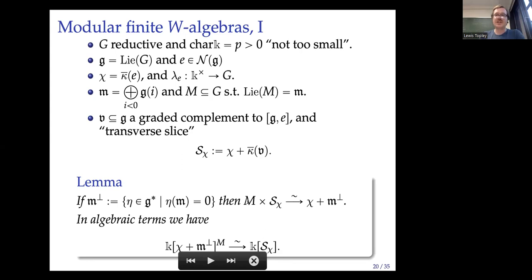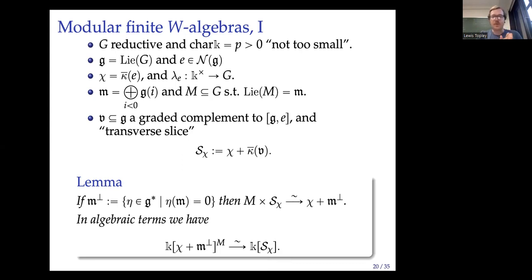This is a subgroup of G. So this is going to act on this and send it into g star. In fact, it sends it isomorphically to this variety here. So in algebraic terms, what does this mean? Well, the coordinate ring of chi plus m perp, if we take the invariants, then this is isomorphic to the coordinate ring on the slice.